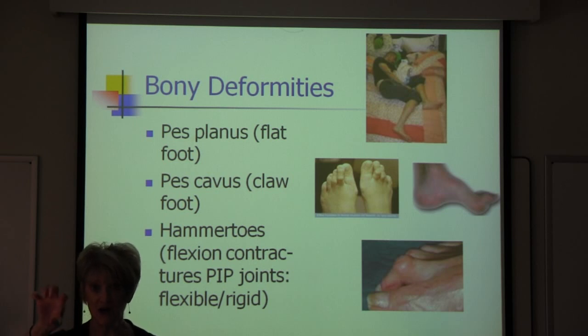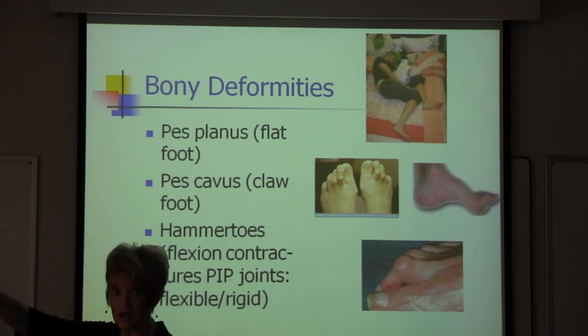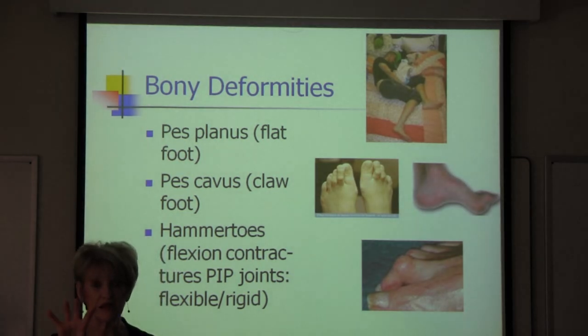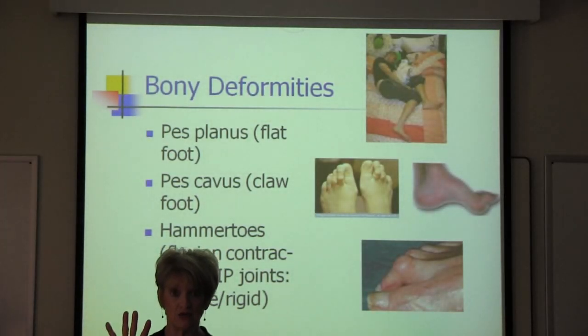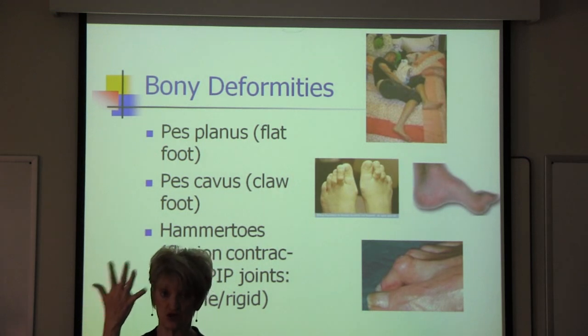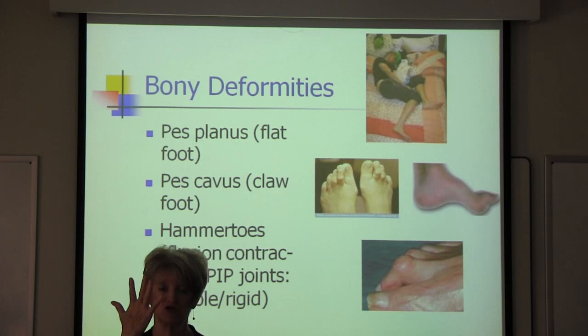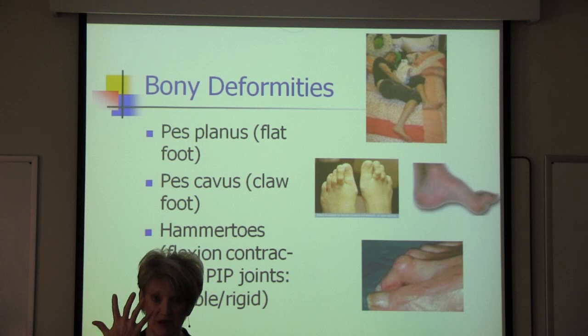They're flexion contractures of the proximal interphalangeal joint, so that you get these little kind of cocked up toes. They start out being flexible, and at that point, you can do exercises to maintain normal toe structure and to prevent progression. Most people don't do the exercises, don't get anything done, and those soft, flexible hammer toes become rigid.